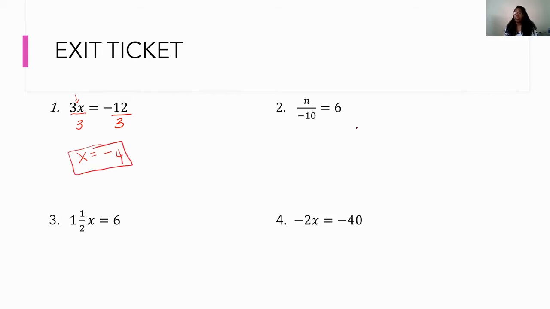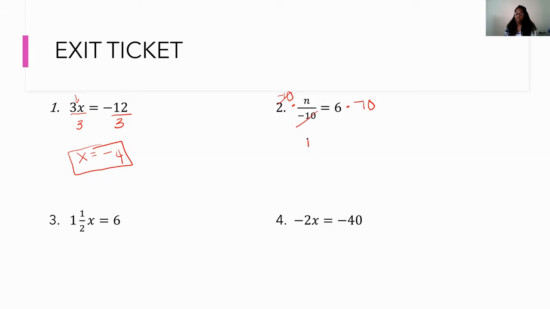Looking at number 2, we have n divided by negative 10 equals 6. Since it's division, we have to do the inverse of division, which is multiplication. So we're going to multiply both sides by whatever my denominator is, and in this case, it's negative 10. So this negative 10 and this negative 10 is the same as me saying negative 10 divided by negative 10, which gives me 1.